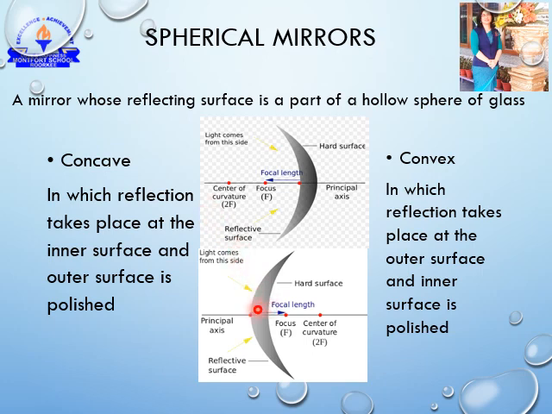So this type of mirror is known as a convex mirror, in which reflection takes place at the outer surface and the inner surface is polished. So the upper part is an example of a concave mirror and the lower diagram is an example of a convex mirror.